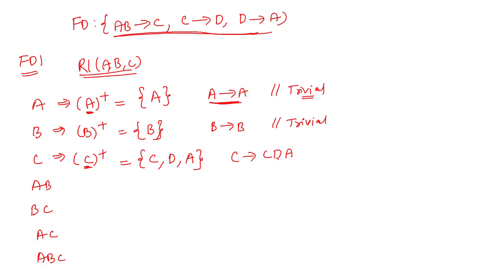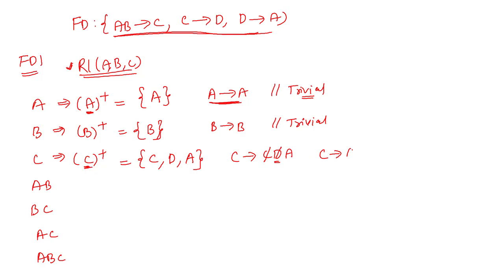Now the meaning is, we can say C implies CDA, right? We can determine CDA. But if you observe in this, C is a trivial attribute, so we can ignore this. And D is not an attribute in relation 1. This is a decomposed relation, right? D is not an attribute from R1. R1 has only A, B, C. So D also can be ignored. Now from this we can say what?